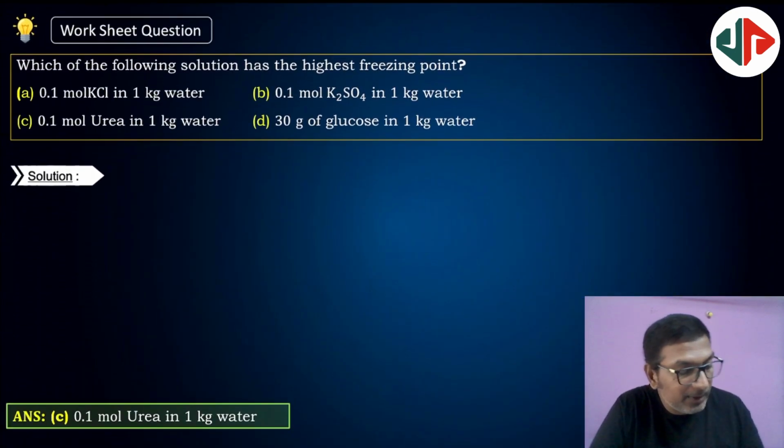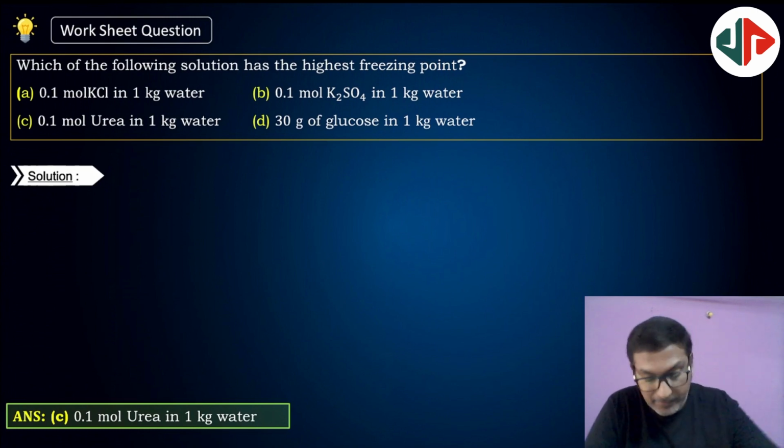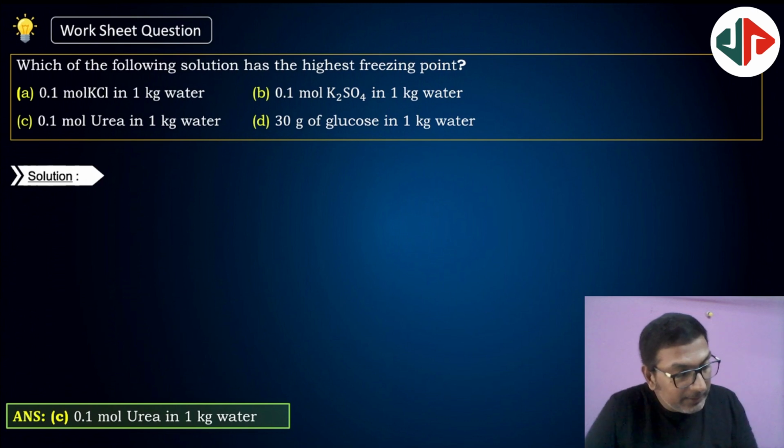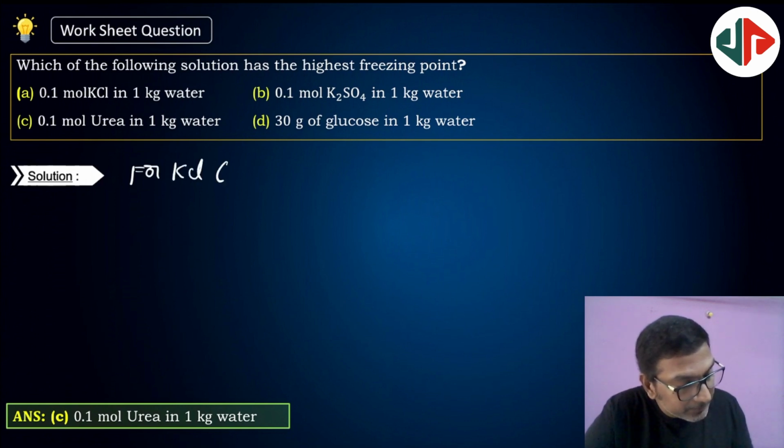Next. Which of the following has the highest freezing point? Take here KCl. For KCl, i value equals 2. For K2SO4, i value equals 3.